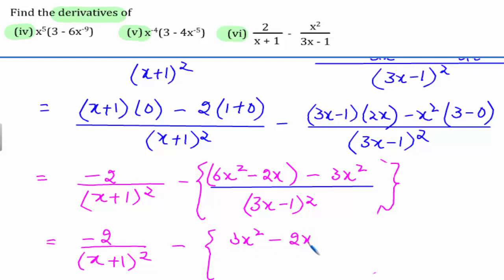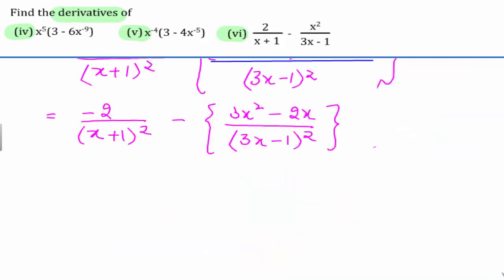Now taking x common from these two terms, we get minus x into 3x minus 2 divided by 3x minus 1 whole square.